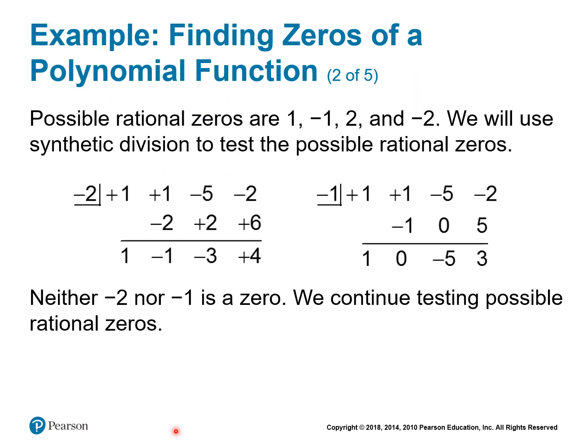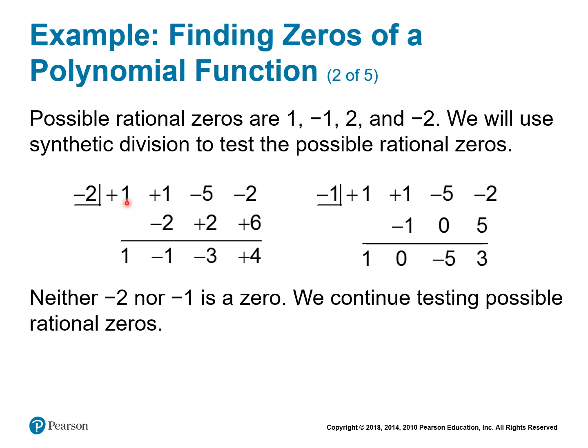So in this slide, we bring our possible rational zeros that we obtained by using the rational zero theorem, and we will now go on and perform the synthetic division on the coefficients of our polynomial, and determine which one of these are the actual rational zeros.